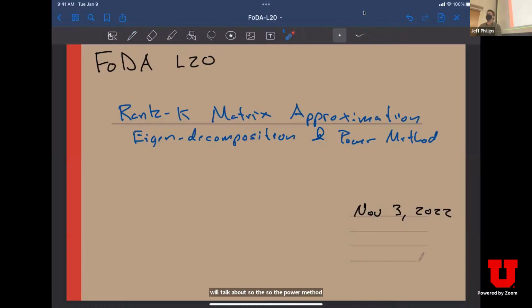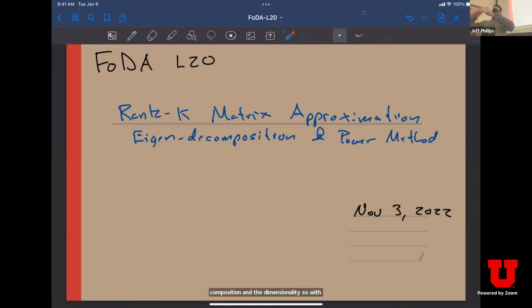The power method is one way to compute these things, and this will give us some insight into how these things actually work. You'll see the power method itself is a fairly simple iterative algorithm, and it's the core part to get the singular value decomposition and the dimensionality reduction result.